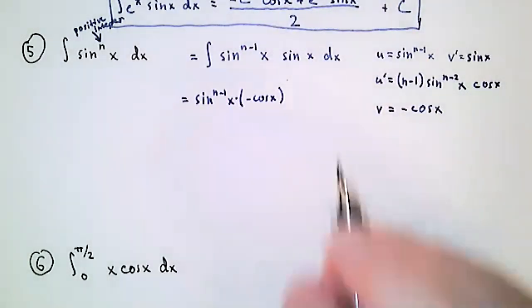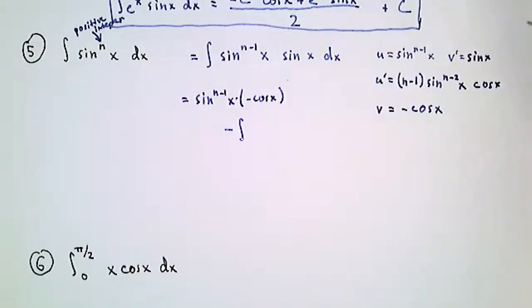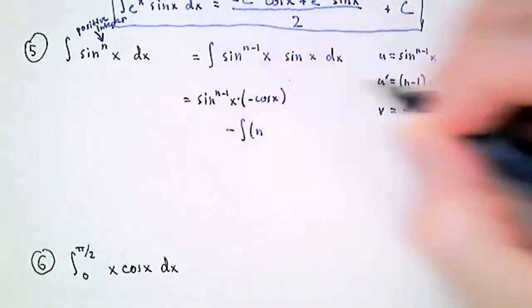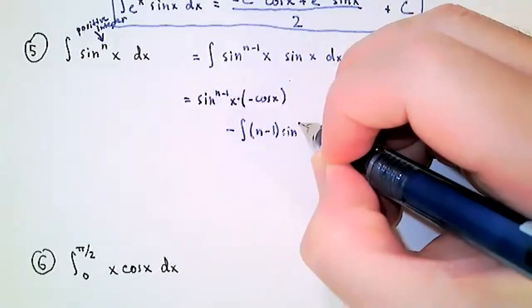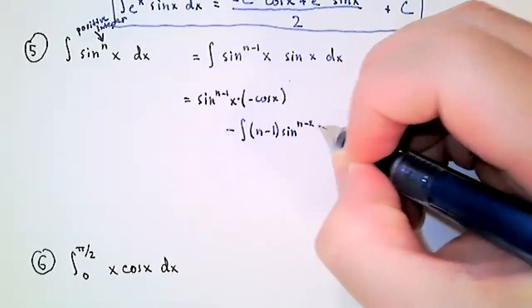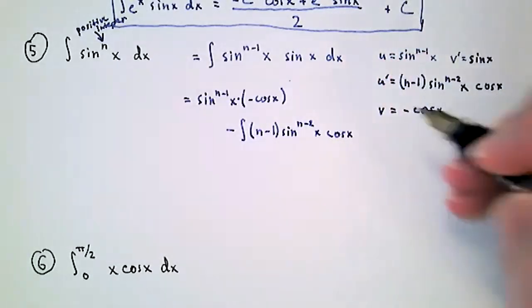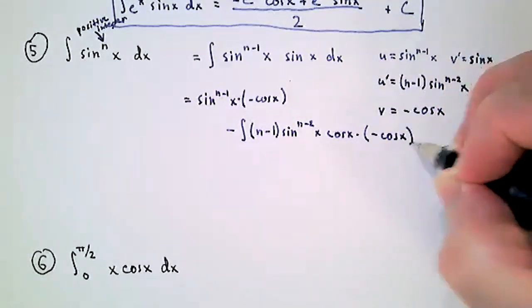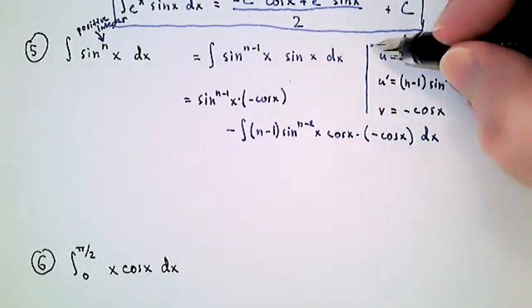And then we need to subtract the integral of u prime times v. So that'll be n minus 1 sine to the n minus 2 of x times cosine of x, and then times v, which is minus cosine of x dx. And let's put a box around this.